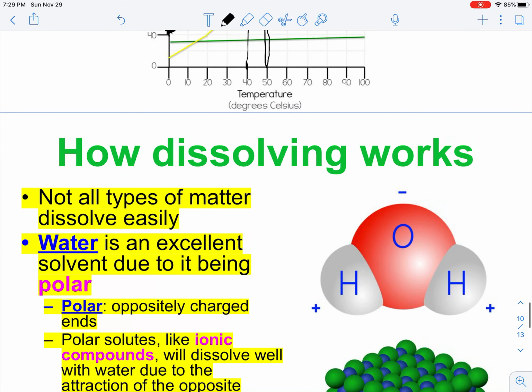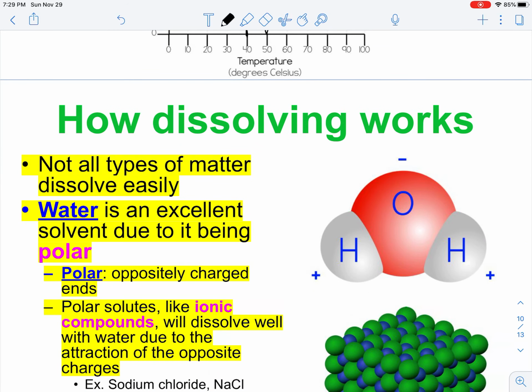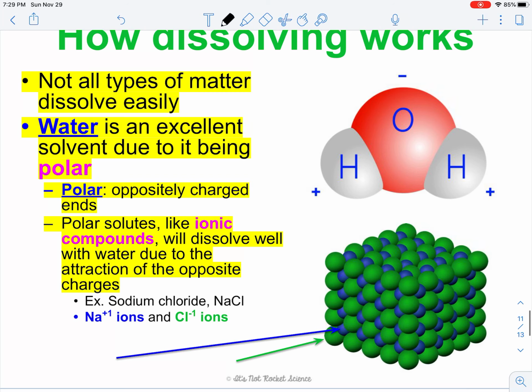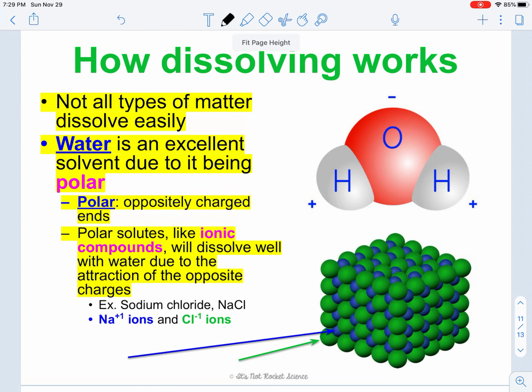All right, now how dissolving works. We haven't really talked about water being polar, but it just means that it has a little bit of a charge to it. And that's what makes it able to dissolve things really, really well, especially ionic compounds. So if we think about a salt molecule, you've got a lot of negatives and positives.